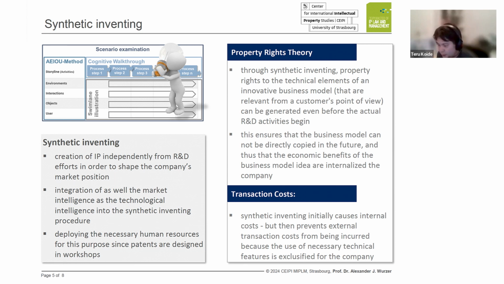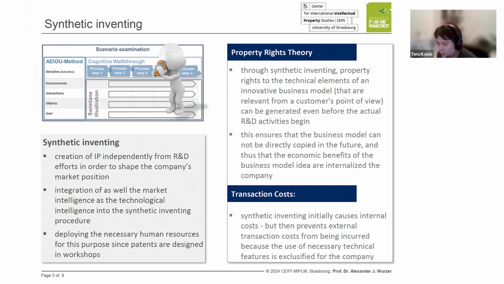Then let me explain the application of synthetic inventing from the perspective of institutional economics, particularly property rights theory and transaction costs.